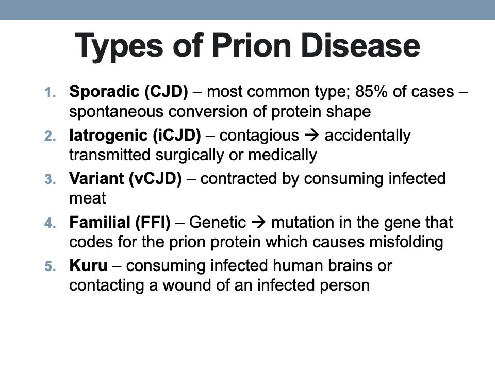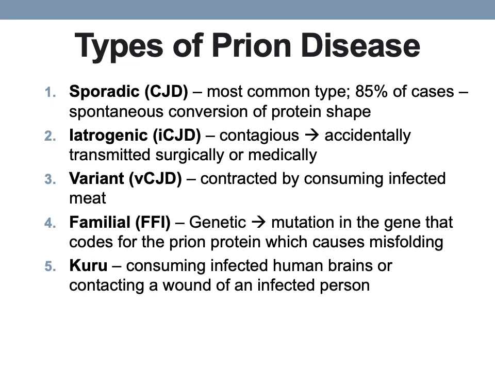The next one is iatrogenic, and it is contagious in that it's contaminated tissues that are accidentally transmitted surgically. For example, if it's for a graft, specifically corneal implants, or if it's medications, specifically growth hormone medications that are contaminated. This can pass on Prion disease.